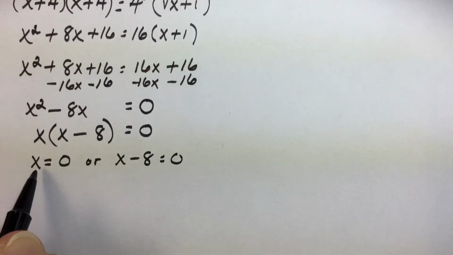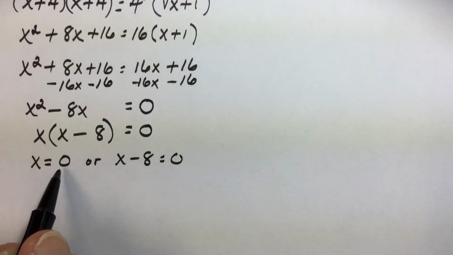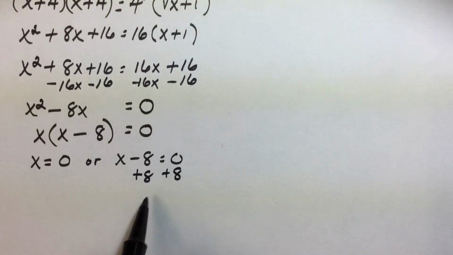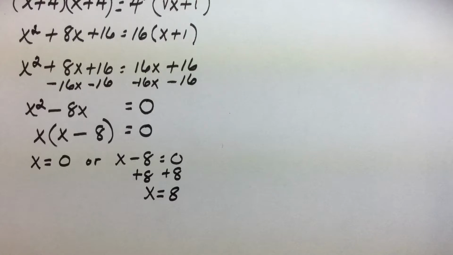So one of our possible solutions is x equals 0, and adding 8 to both sides, x is equal to 8 for another possible solution. When using the principle of squaring, it's essential that we check all solutions in the original equation.